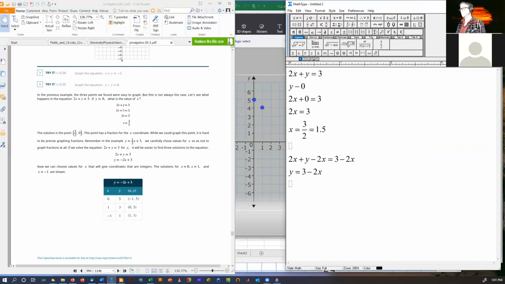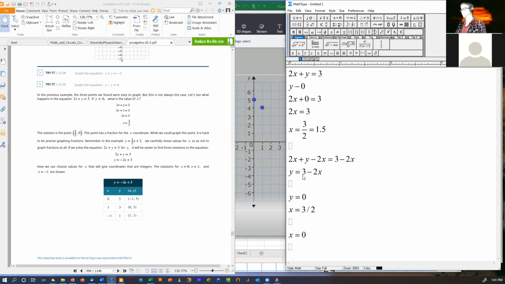So we could go through and solve this equation each time for x and y. For y equals 0, we found up above that x is equal to 3/2. And then let's try x equals 0.